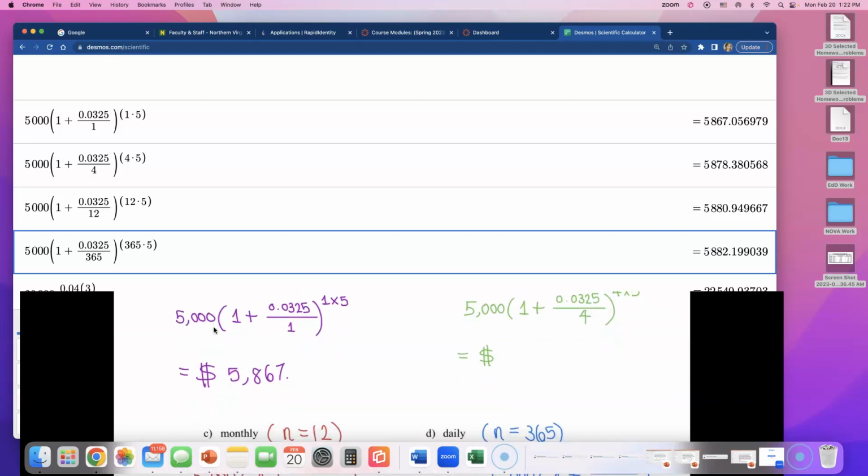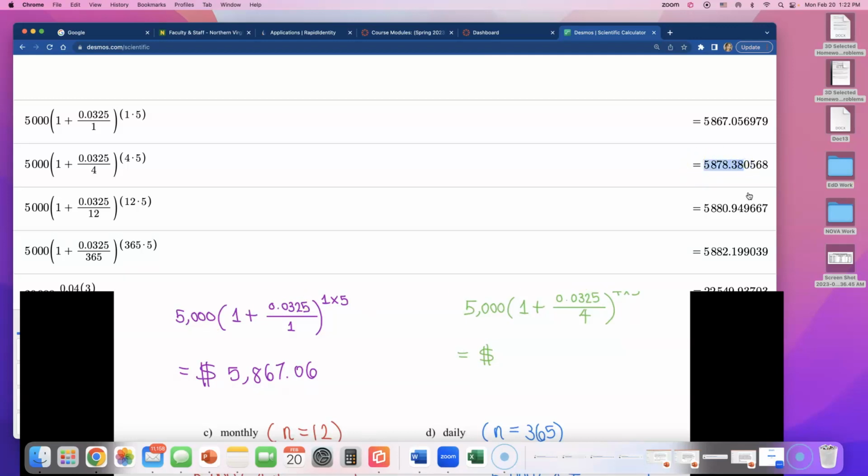So $5,867.06. It's going to be the answer for part A. Next, this one right here. $5,878.38. Do you see how the numbers are increasing, right? So the more frequent the compounding period is, the faster the money will grow for you.